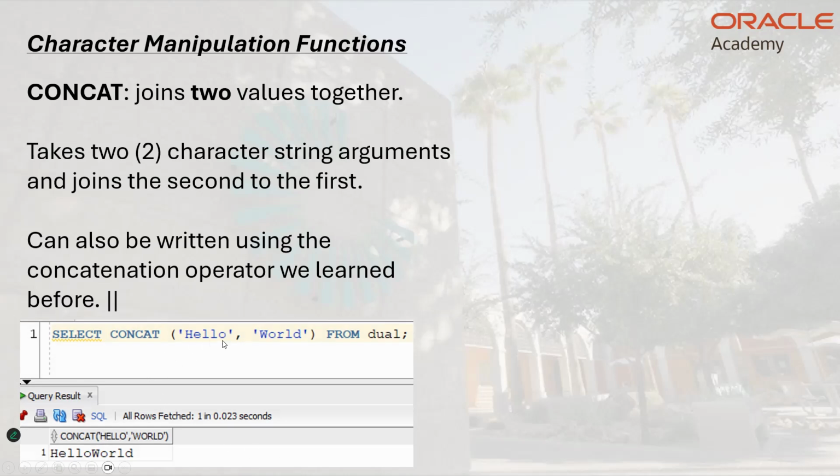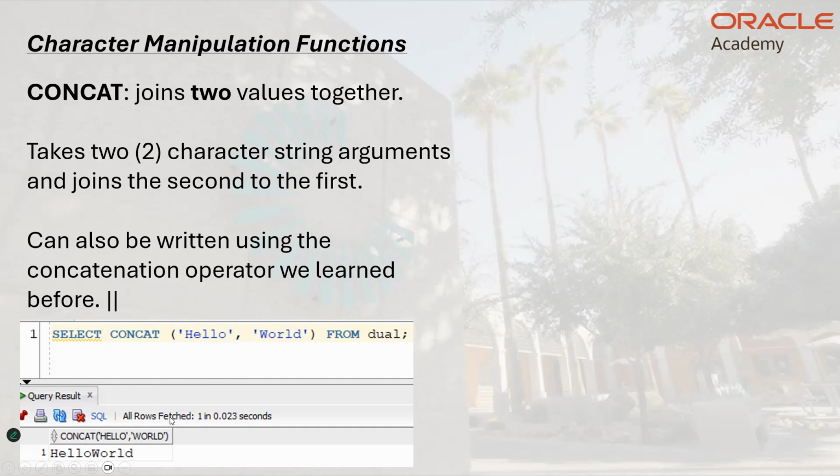It's a function, and you put either your column or your literal string in there. This is just using the concat function with the dual table to combine hello and world. Now, you can't use concat with hello, and then a space.